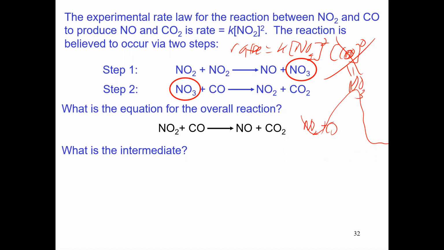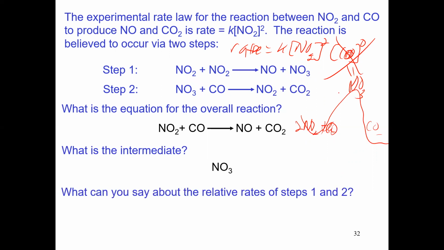That's the intermediate form first. And then that will react with CO in the system. So essentially you're going to have first two NO2s reacting to go to NO3. Then you add the CO for the next part of the reaction. So essentially the intermediate would be NO3.